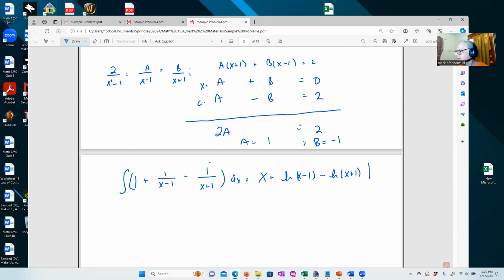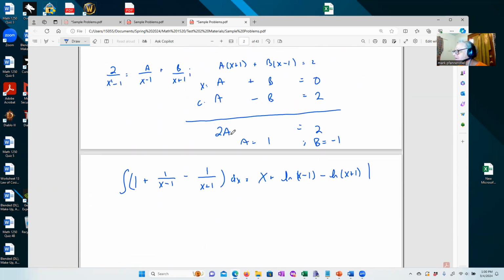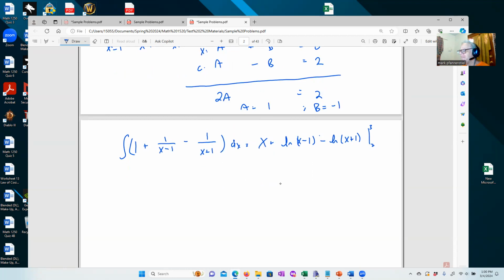We'll go ahead and evaluate this from 2 to 3. I would like to put these in absolute values, but since 2 minus 1 is positive and 3 minus 1 is positive, I'm not going to worry about it. And now we just plug in and we'll see what happens.